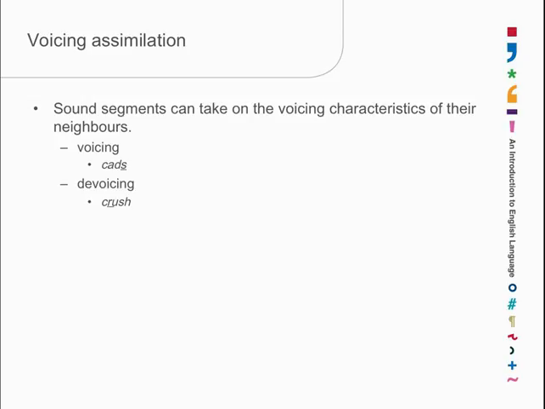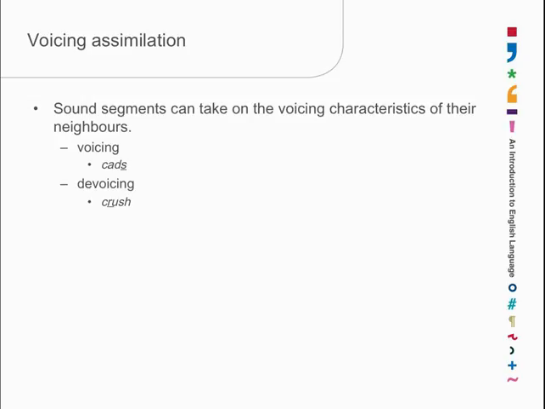What about devoicing? Can we get sounds where the original sound is normally voiced but it loses its voice? Here's a case. If this were just the word rush, R-U-S-H, the first consonant, R, would be voiced. But now let's have a look at it after K, crush.